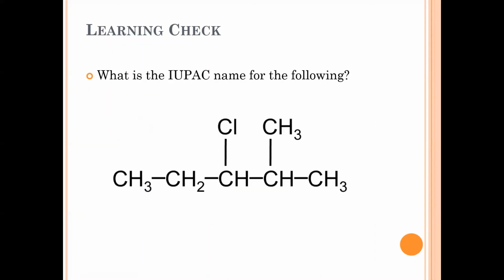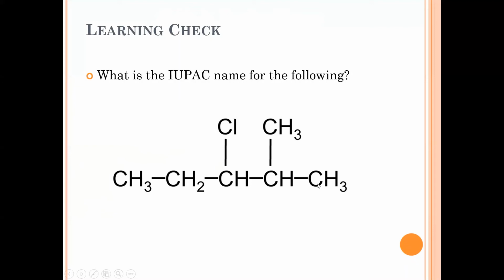Okay, so if we're naming here, what is the IUPAC name of this? Let's go through the longest chain. 1, 2, 3, 4, 5. Pentane is the longest chain here. However, we have to pay attention. We're not going to number from this side because that means I get to a group at 3 versus 1, 2. So we're going to start numbering from this side.